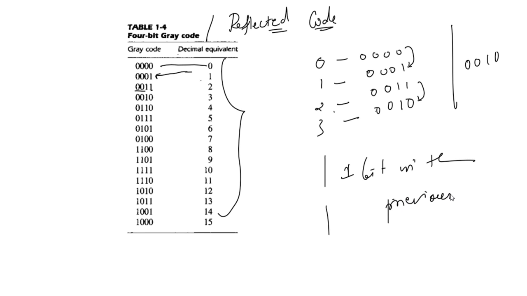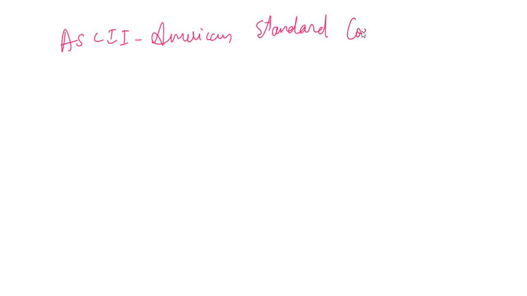Okay, and one more code I have to explain here, which is known as ASCII code. This is very important here. ASCII code stands for American Standard Code for Information Interchange.